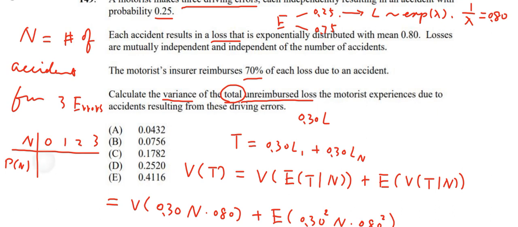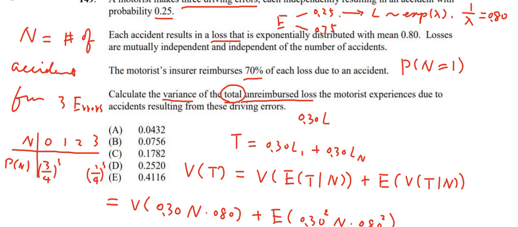So there's 3 over 4 happening 3 times, right? And N equals 3 is 1 over 4 happening 3 times. Then we can find the probability N equal 1, N equal 2. So N equal 1: among the 3 we have 1 of them causing the car accident.